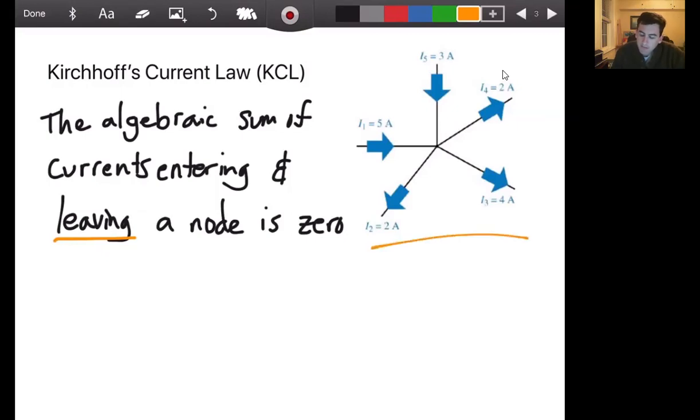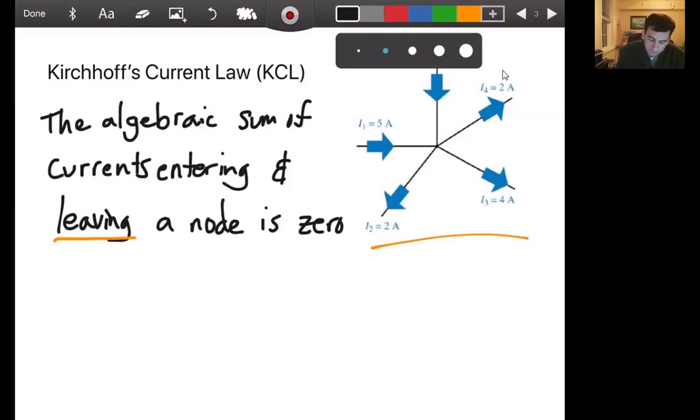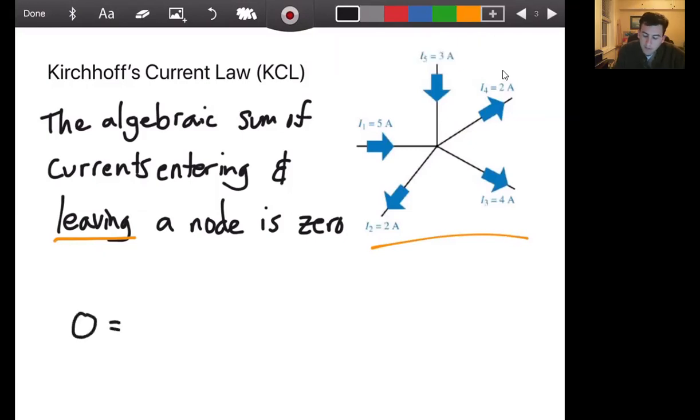On this node with the various branches that we see on the right side here, we can write Kirchhoff's current law in equation form. We set everything equal to 0 because our algebraic sum is going to be equal to 0.